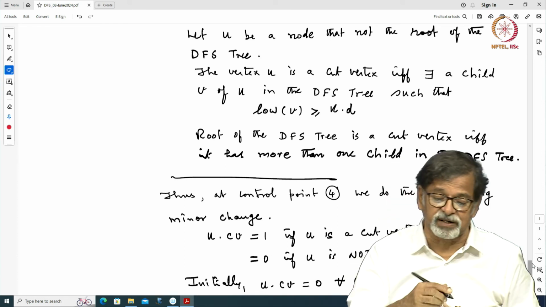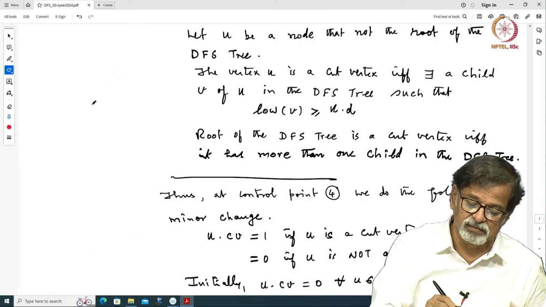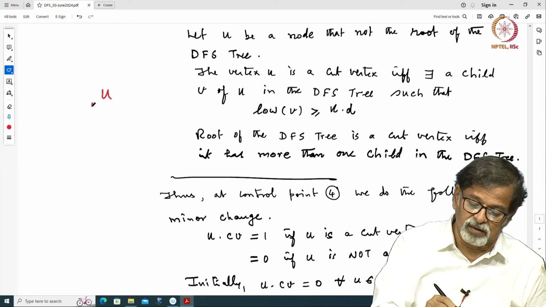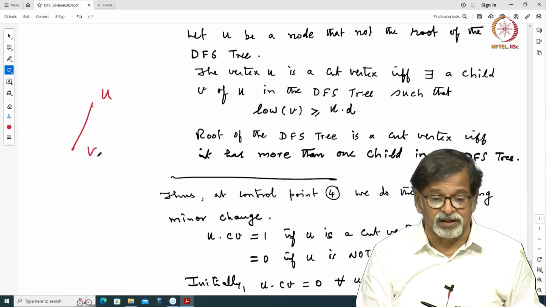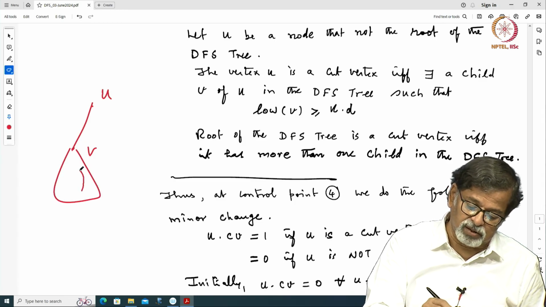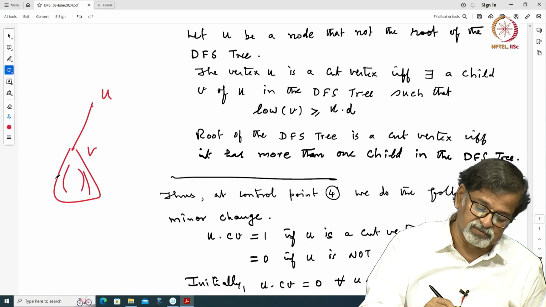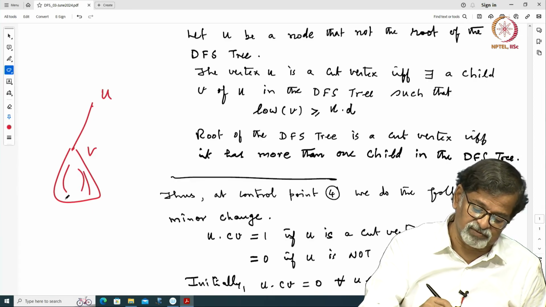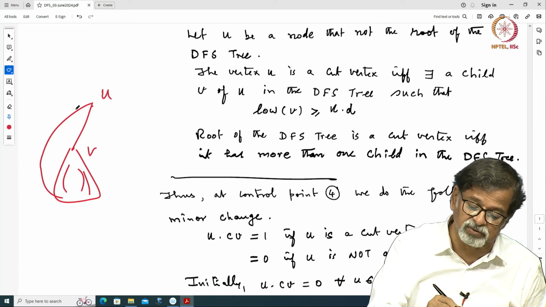Why is u a cut vertex? u is like this, v is like this. Low of v: from v you can go down and then go to this, and back edges from v also, wherever maximum it goes is only up to this.